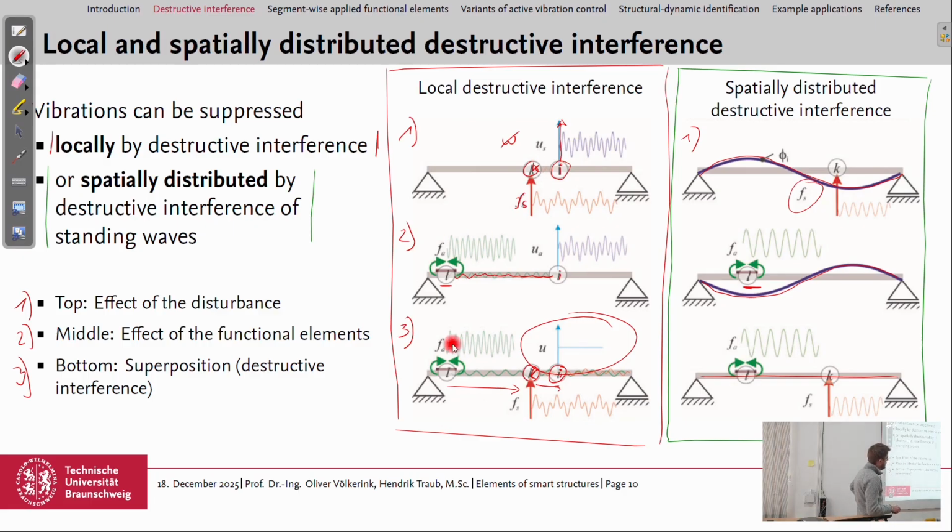We try to generate a signal and an actuation which leads to destructive interference with the external excitation only in this point. So of course the structure would vibrate in any point, except this point I, where we aim to calm down the structure.